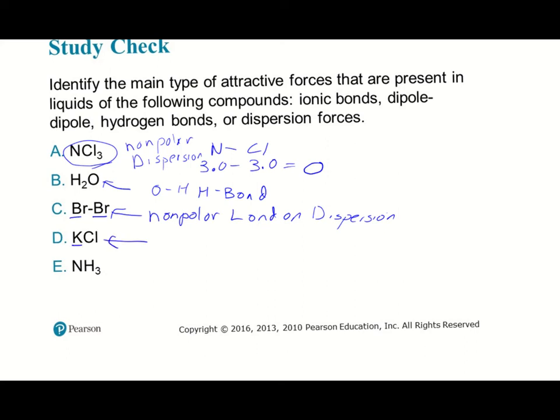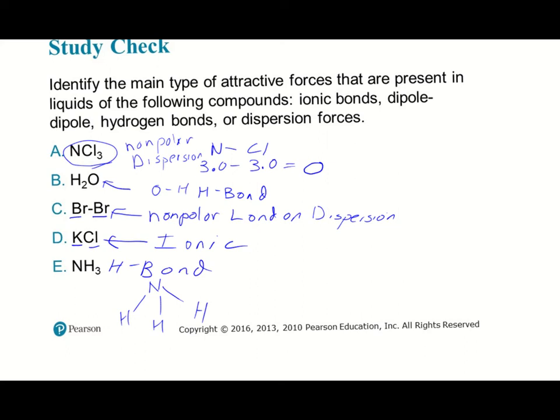Potassium is a metal, chloride is a nonmetal, so you have an ionic compound. Ammonia, you have nitrogen bonded to hydrogen, arrows that don't cancel out. So H bonding is your primary intermolecular force. And that's all there is to it.